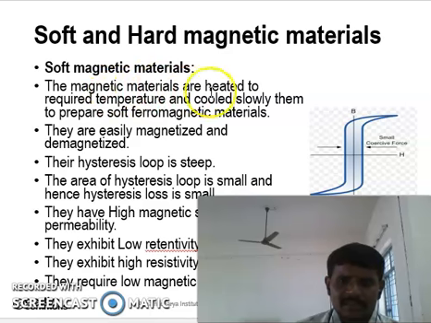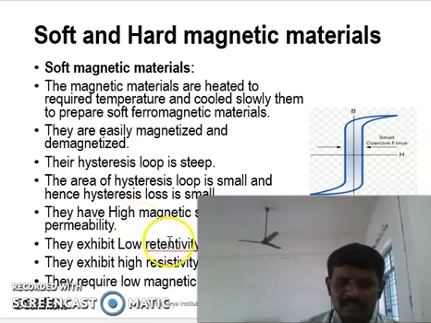Coming to the properties of these soft magnetic materials: they are heated to the required temperature and cooled slowly to prepare them. They can easily magnetize and demagnetize. The area of the hysteresis loop is small and the hysteresis loss is small. They have high magnetic susceptibility and permeability.